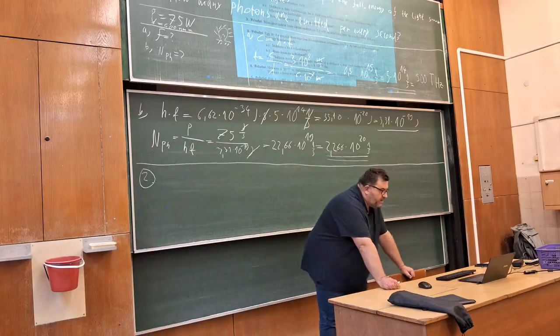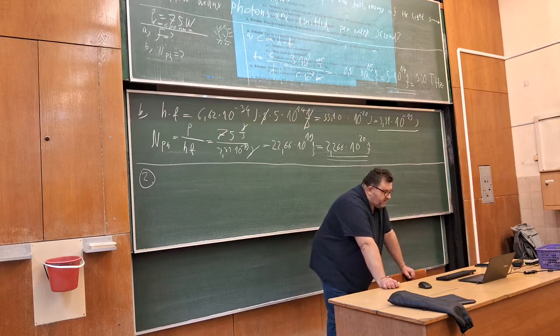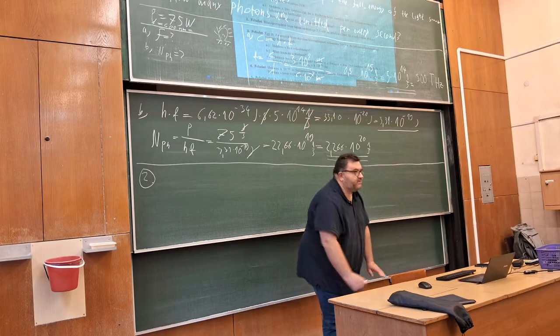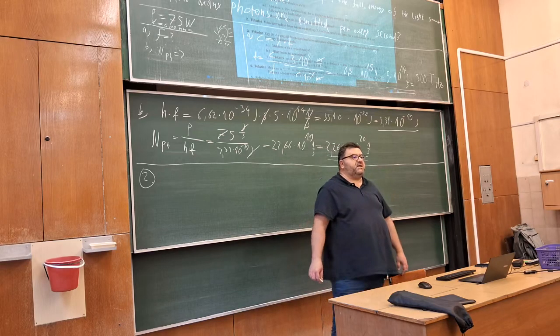So, how many photons are emitted by a 0.7 milliwatt carbon dioxide laser if its wavelength is 10.6 micrometer? I will write this down, but question, what is a laser?